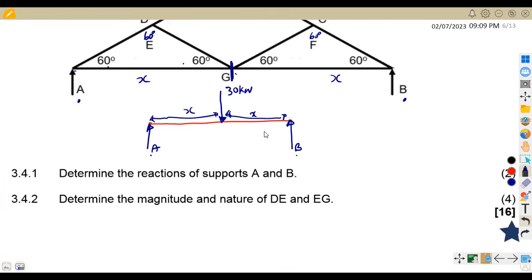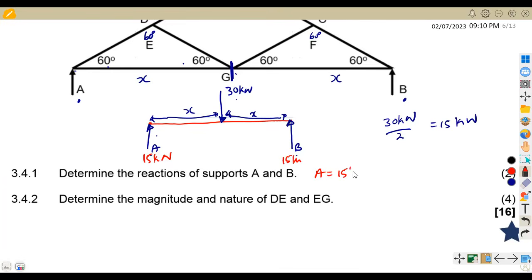Whatever force we have, they are equal in value. So we are simply dividing 30 kilonewton by 2, which is 15 kilonewton. So we are going to have A as 15 kilonewton, and here we have B as also 15 kilonewton. So that's why we've got 2 marks there.